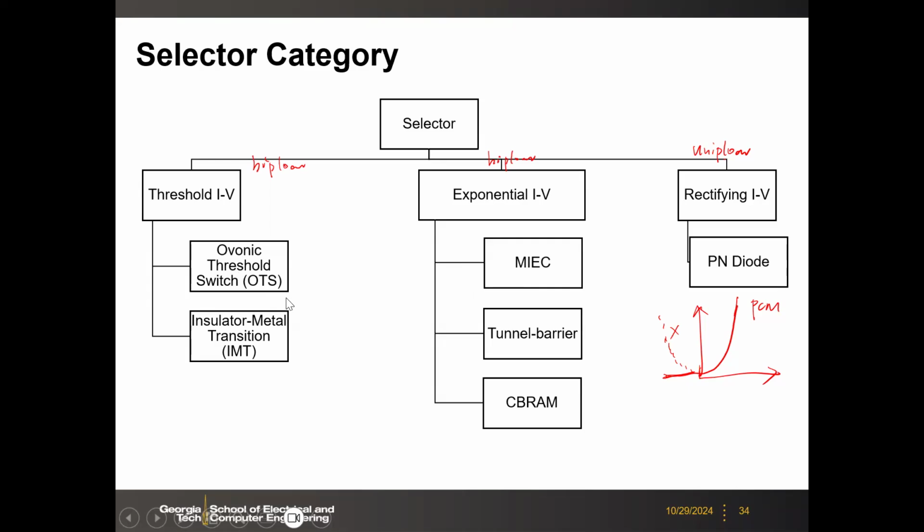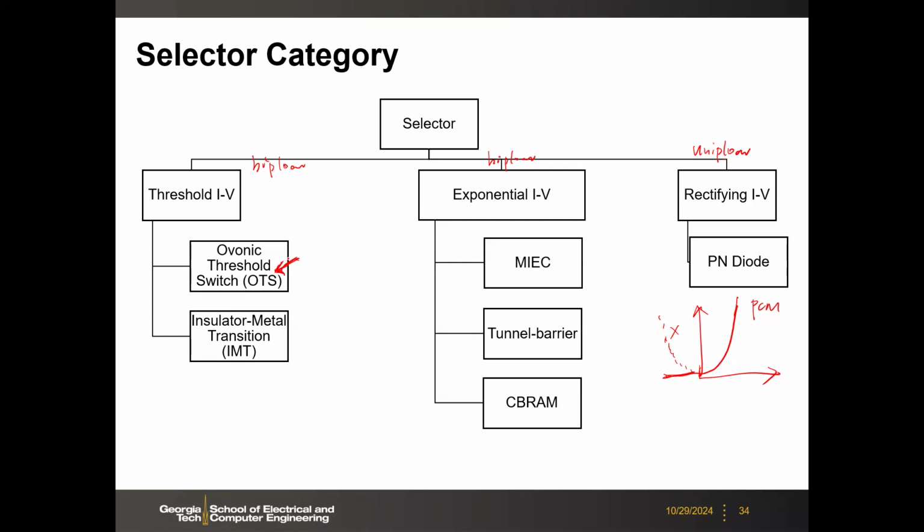In just the last year or two, SK Hynix and Samsung revisited this OTS device, and they proposed a new concept called selector-only memory. I will talk about that later in the phase change memory section, but this is important in terms of the technology developments.